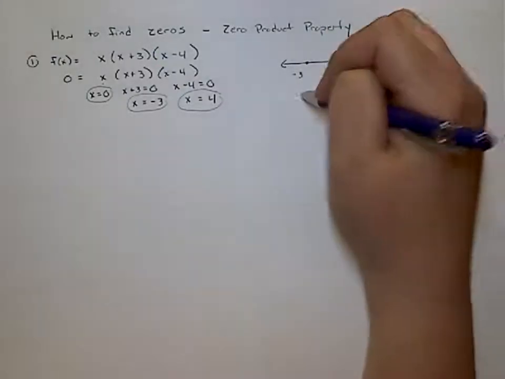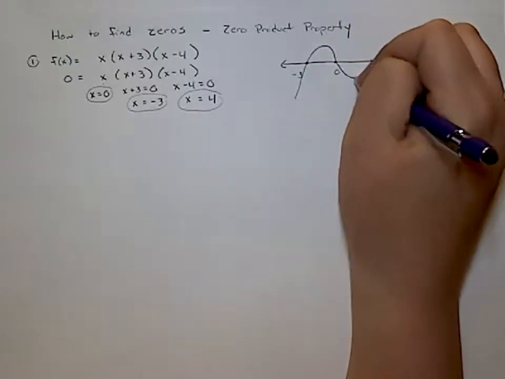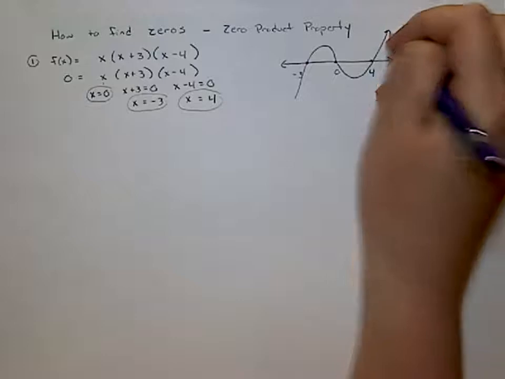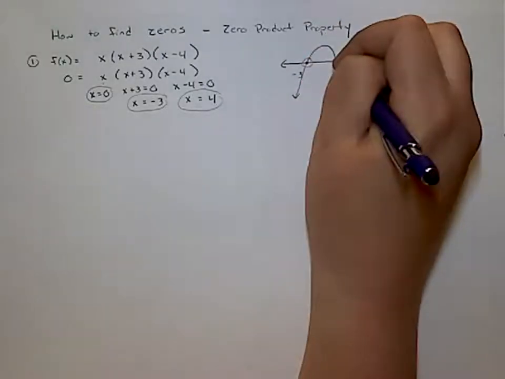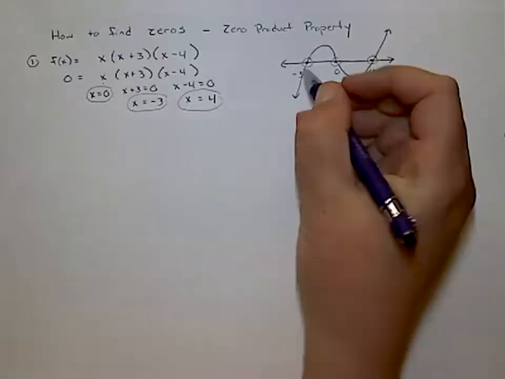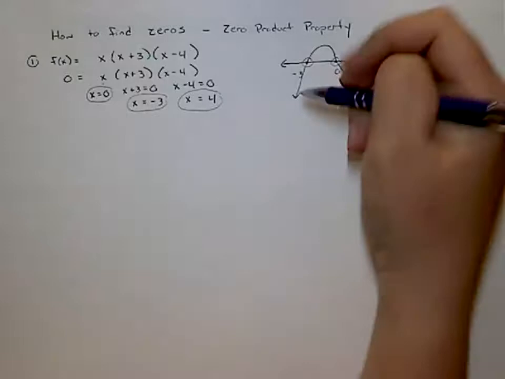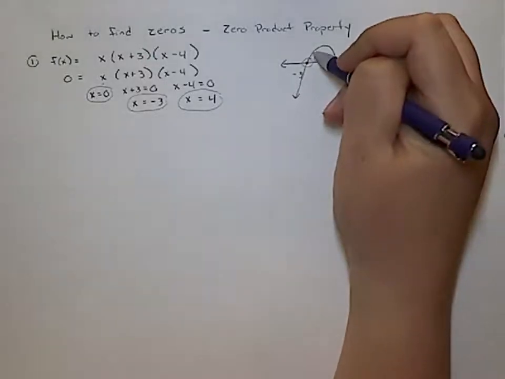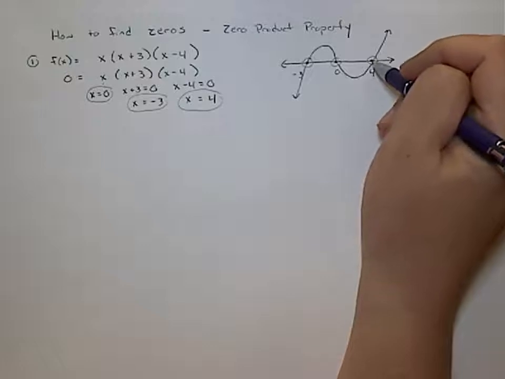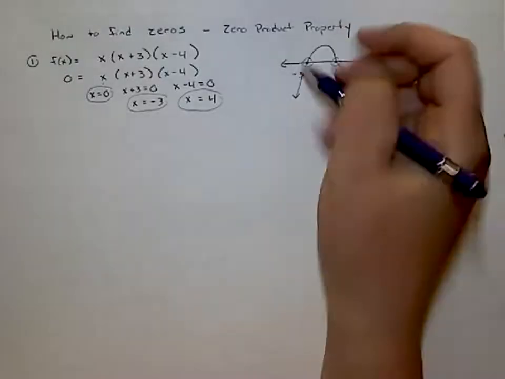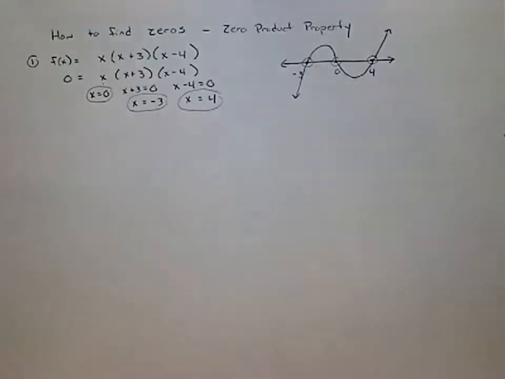Don't worry about that right now. What I want you to concentrate on is that this polynomial is going to cross the x-axis 1, 2, 3 in each of these places. So we're crossing, curving back around, crossing again, curving back around, and then crossing again. So we have to cross in those 3 spots.